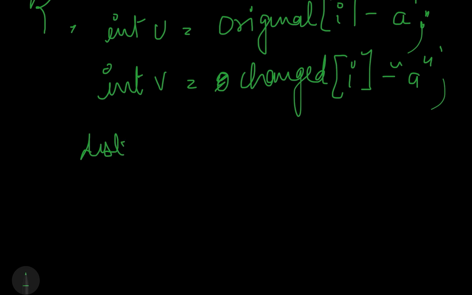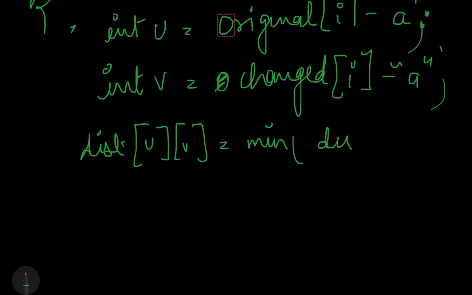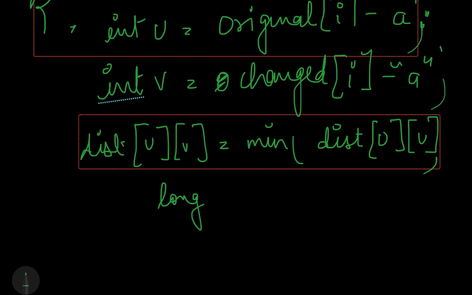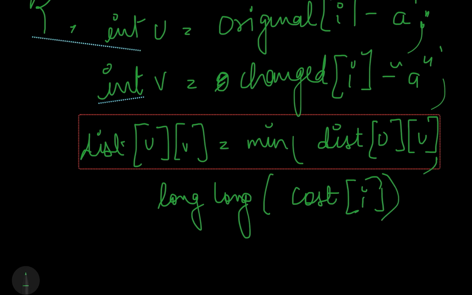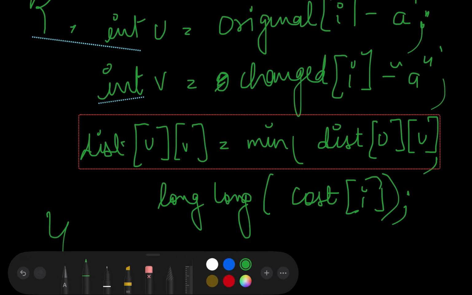Now in our distance vector we can keep this, which is equal to minimum of distance of u comma v comma log of, if multiple distances exist we'll take the minimum distance. That's why we have done this.